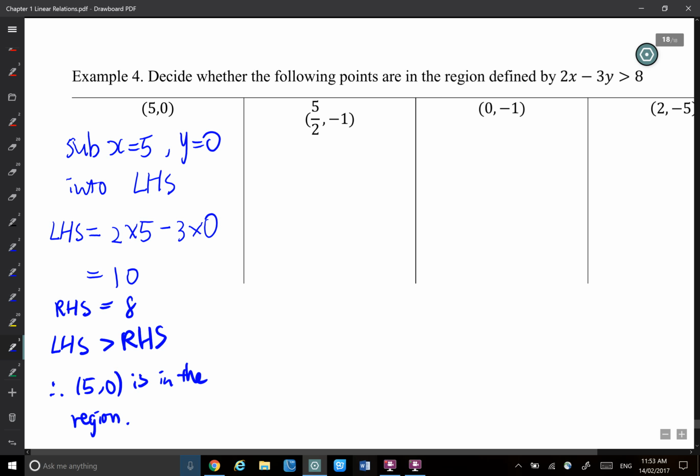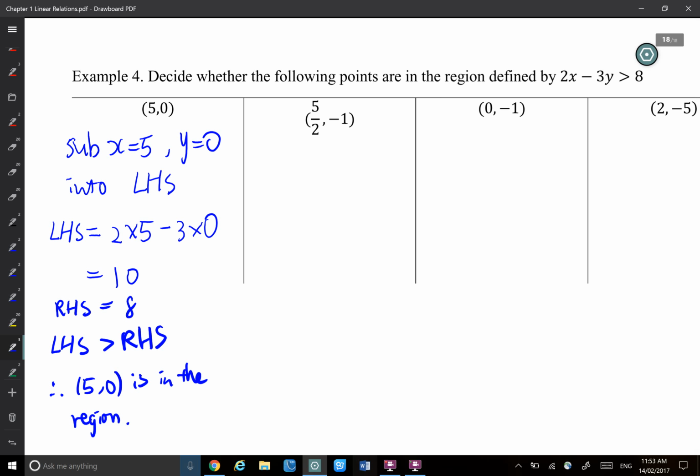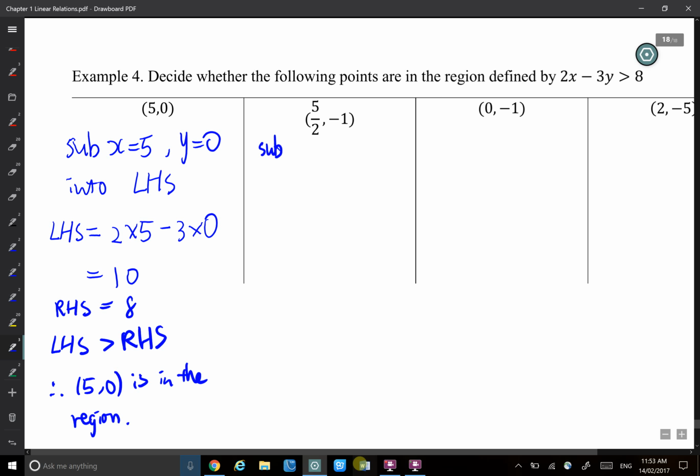Okay. So still we talk about left hand side and right hand side. We're not going to substitute x, y into the equation or inequality directly. For the next one, I'll sub x equals 5 over 2, y equals negative 1. So left hand side will equal 5 over 2 times 2 minus 3 times minus 1.